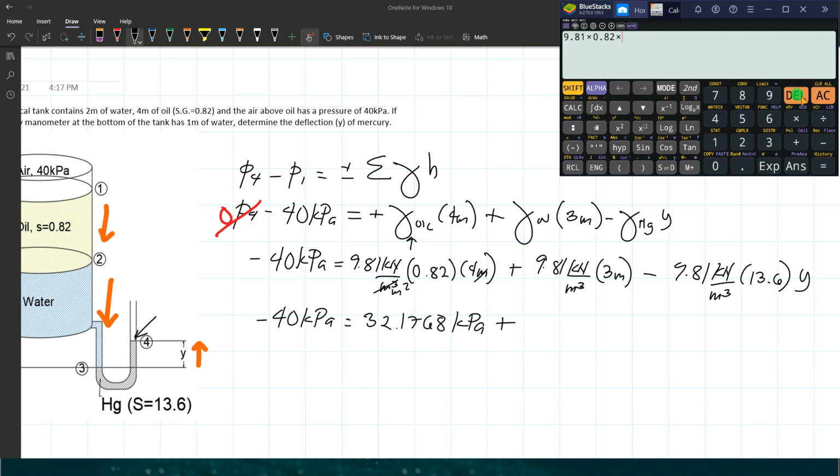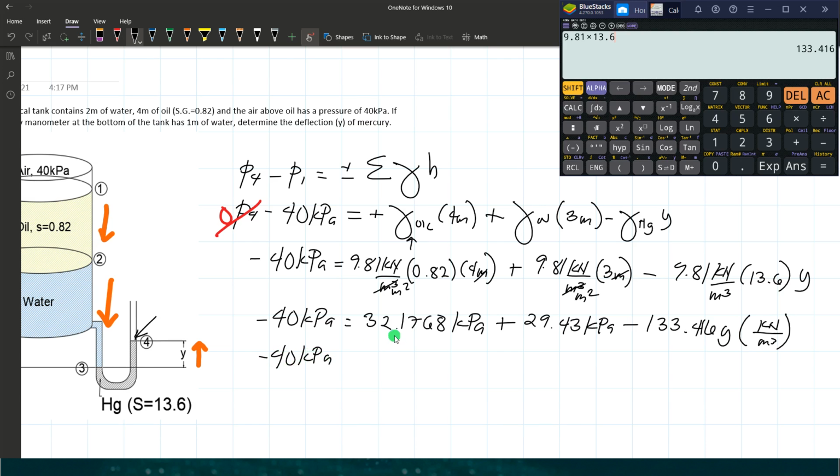Plus 9.81 times 3, 29.43 kilopascal, minus 9.81 times 13.6, which is 133.416, still in kilonewtons, so y is in kilonewtons per cubic meter unit. Okay, so combine like terms.